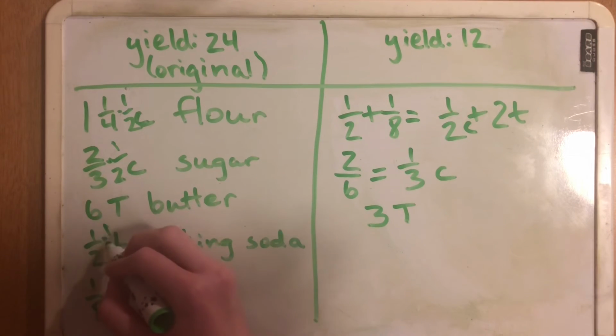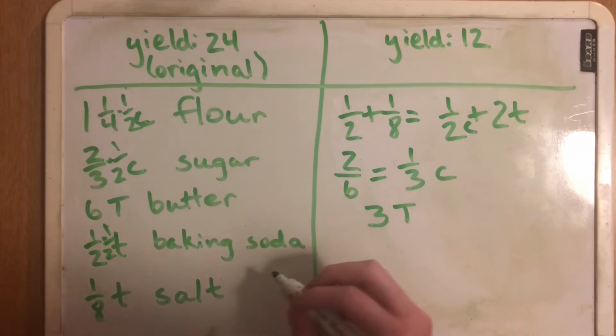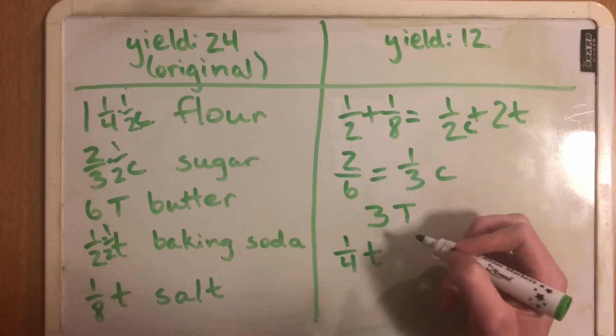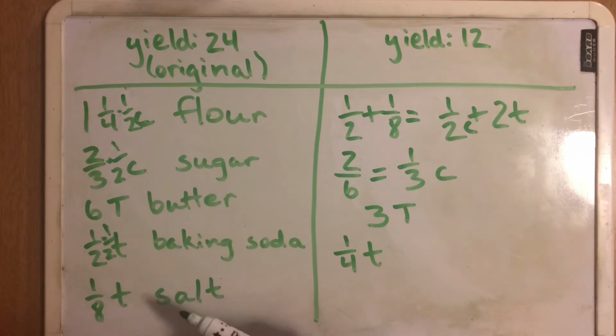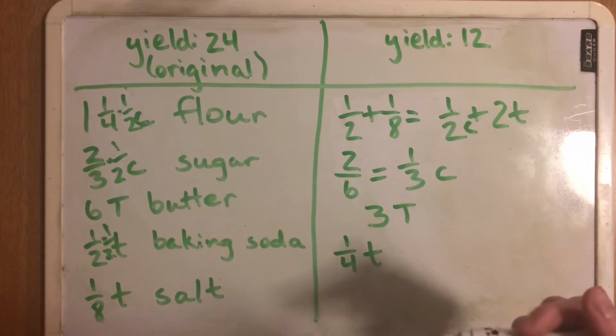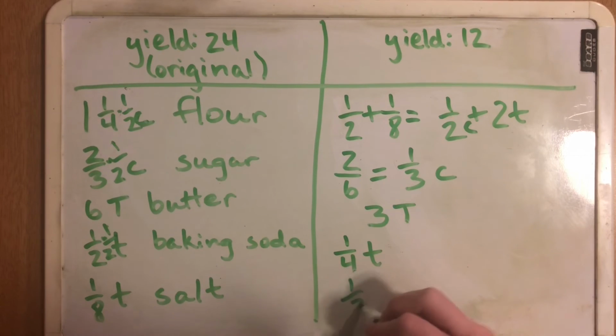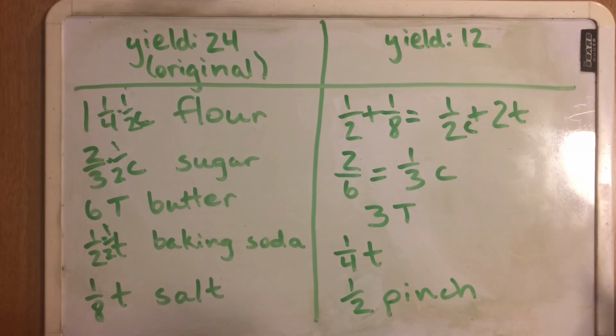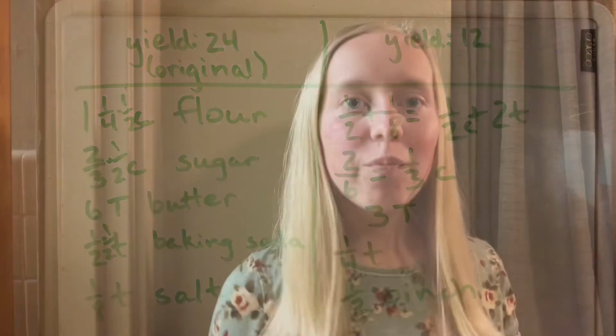Let's multiply it. Oh, it's a little scrunched, but we get 1/4. Put that unit on there. Since 1/8 of a teaspoon is really small and it's the same thing as a pinch, like I mentioned earlier, we can just say 1/2 a pinch, and guesstimating it will be good enough since it's such a small amount.